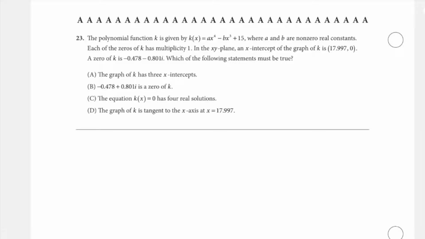Okay, so I know that I've got one real zero and a complex root, which means that I've also got another complex root because they come in conjugate pairs, plus 0.801i. Okay, so that's 3. I couldn't have the fourth also be complex, or non-real, because it would need a friend.